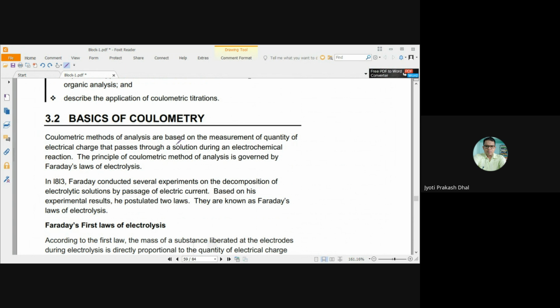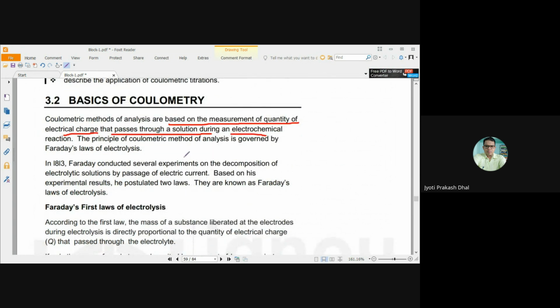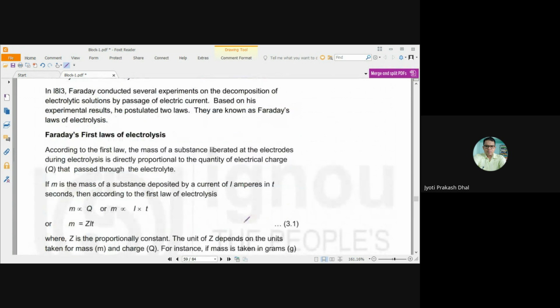Again, coulometric methods of analysis are based on the measurement of the quantity of electrical charge that passes through a solution during an electrochemical reaction. The principle of coulometric methods of analysis is governed by Faraday's law of electrolysis, which we have already discussed.